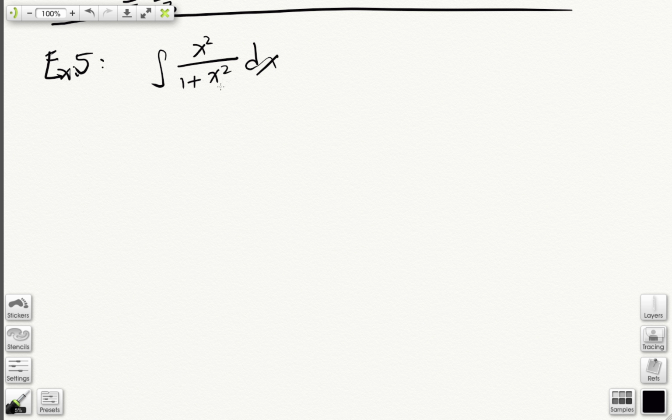As I said before, for most cases, if we have a partial fraction of rational functions, then we want this to be a proper expression, which means that the degree on the top has to be smaller than the degree on the bottom. The way to achieve this in this case is to rewrite it as this.